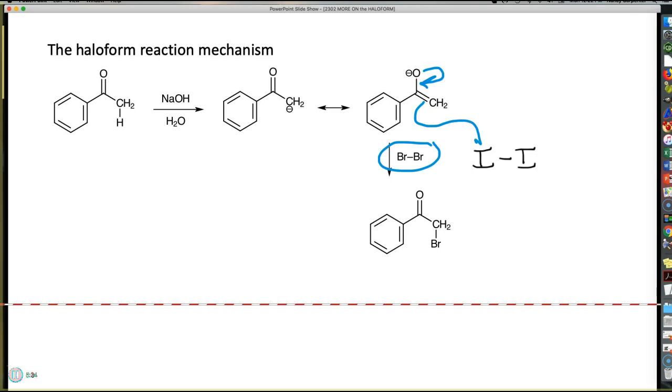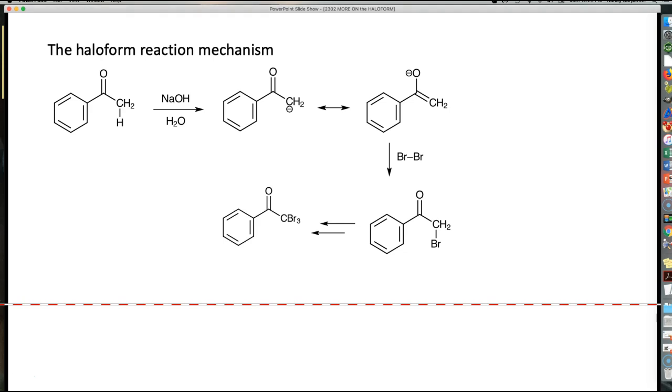Your enolate is going to react with the Br2 or the I2 and do something we've already seen, alpha halogenation. So I put my bromine right there on the alpha carbon. So far so good. This is all review.